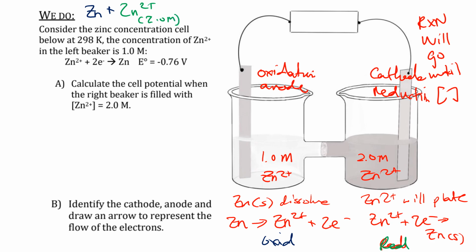You are going to produce zinc 2+, that is 1.0 molar, plus your zinc solid, and that's the green one over here. So now you see that your 1.0 molar is the product and your 2.0 is the reactant when you're setting up your Q expression. So let's finish this up.